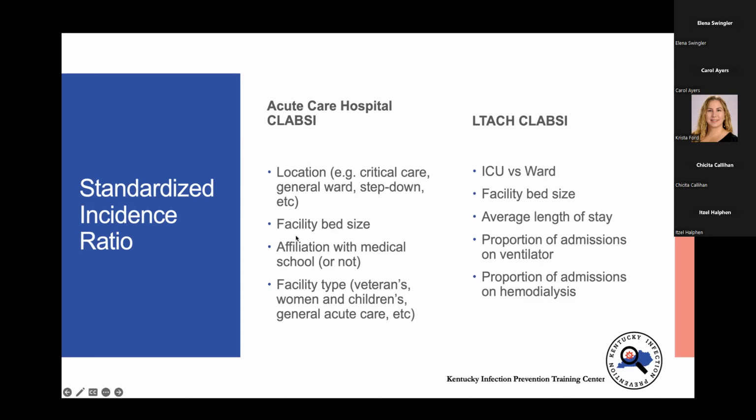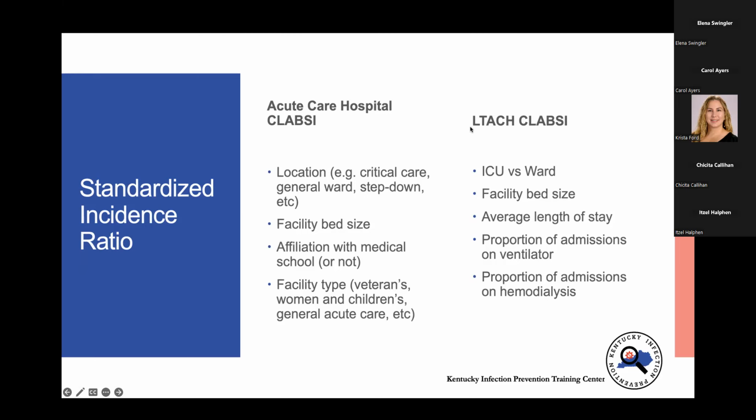Affiliation with medical schools is also included. There's actually a gradient there based on the level of medical school affiliation, or if you have no affiliation. And then the facility type. So if it's general acute care versus a veterans hospital or a women and children's hospital, those are all factors that go into the calculation of the predicted number of infections.